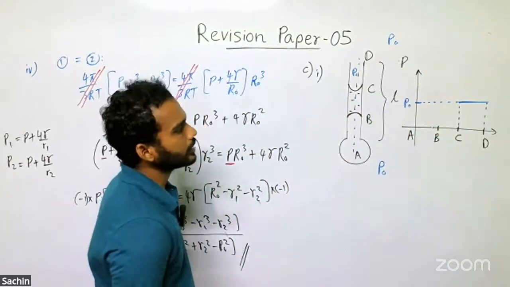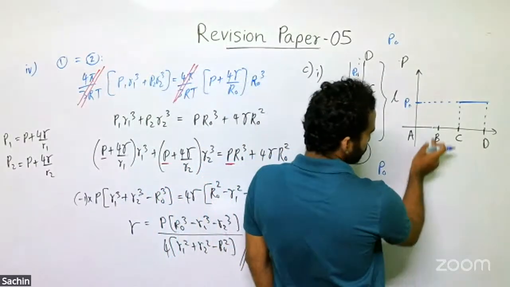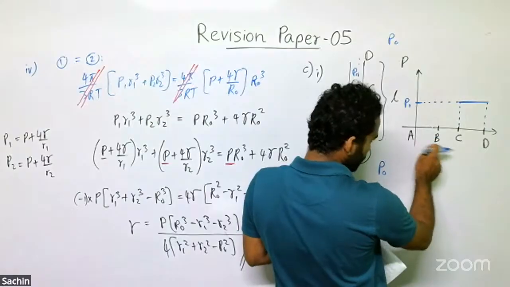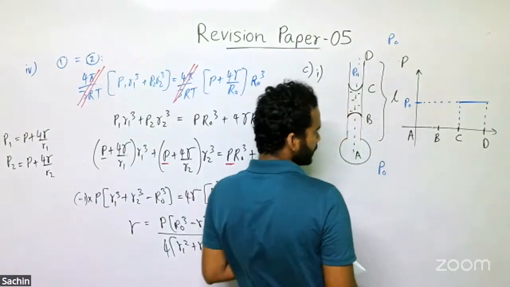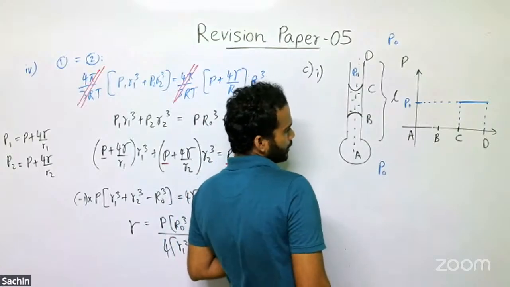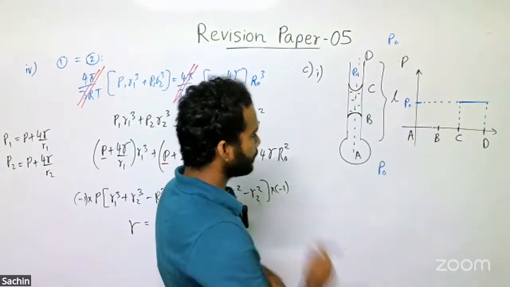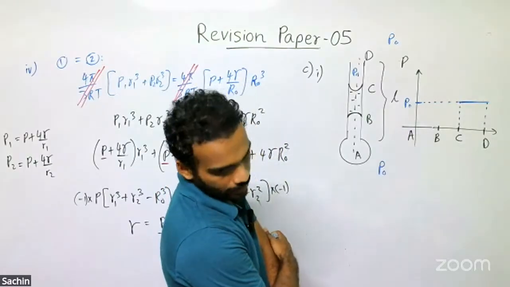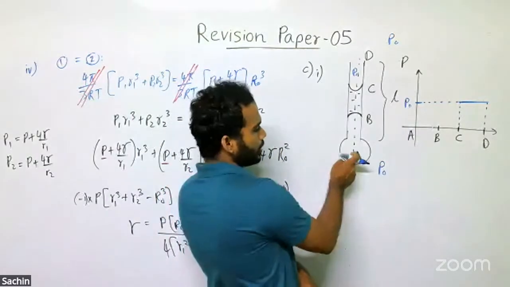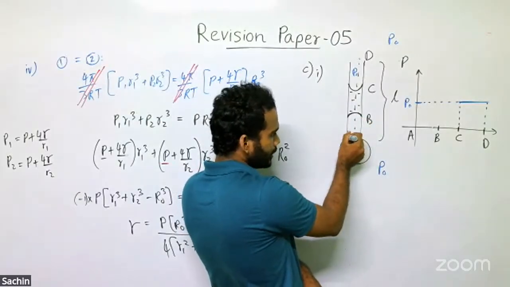Okay, that's fine. Now I'm going to sketch the pressure at AB. What can you say about the pressure from A to B? It is not directly exposed to the atmosphere, because it is closed.